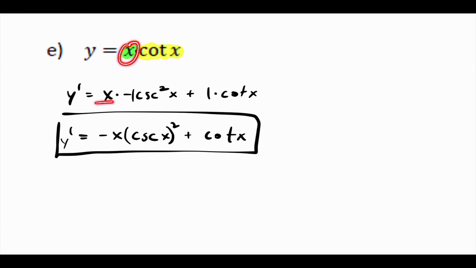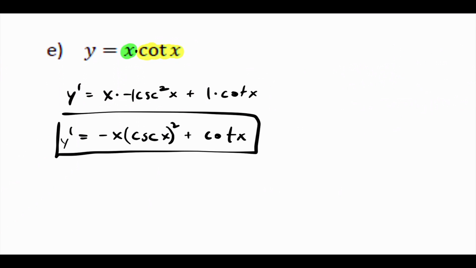So first times the derivative of the second. The derivative of cotangent is negative cosecant squared of x. Then the derivative of the first times the second. And you're done.